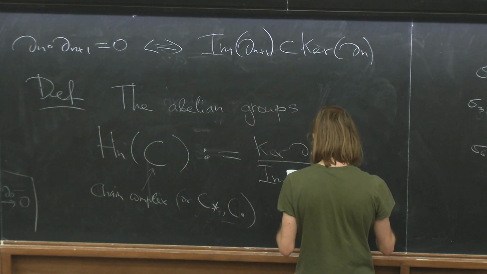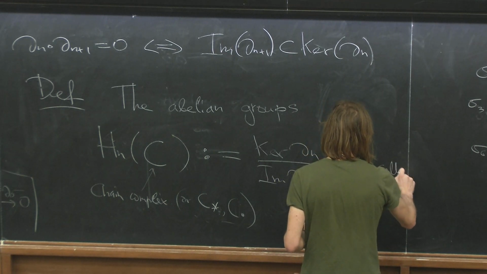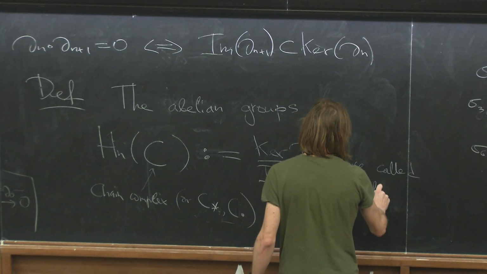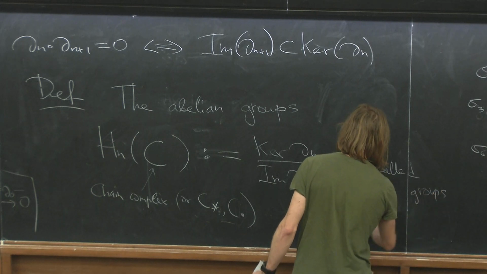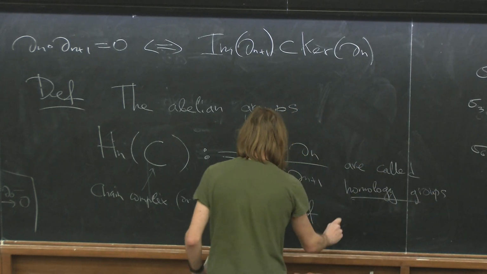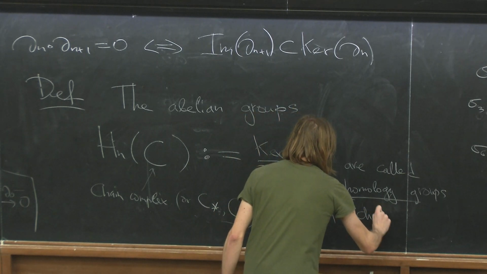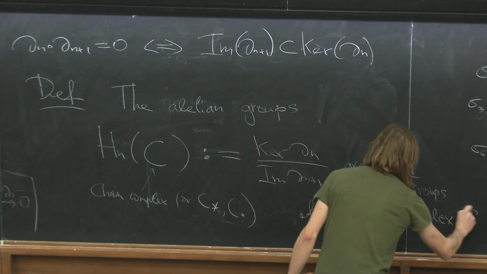And such abelian groups are called homology groups of the chain complex C.